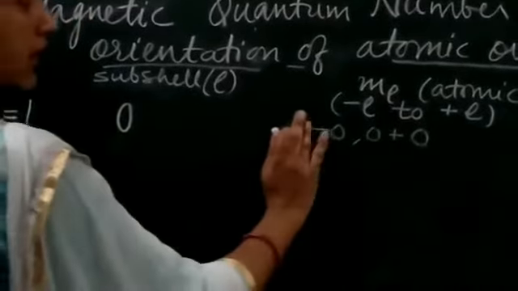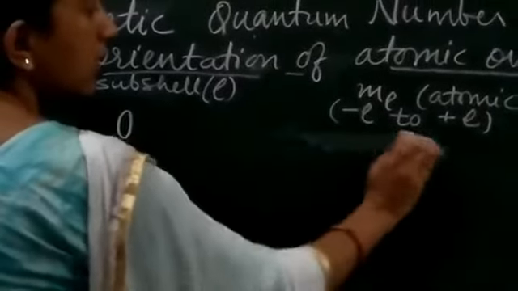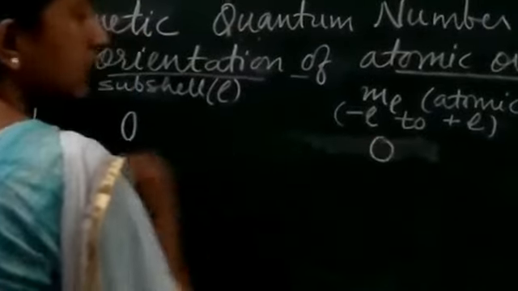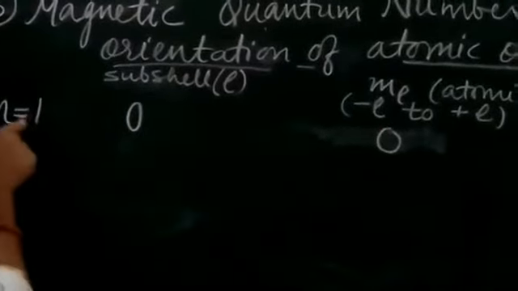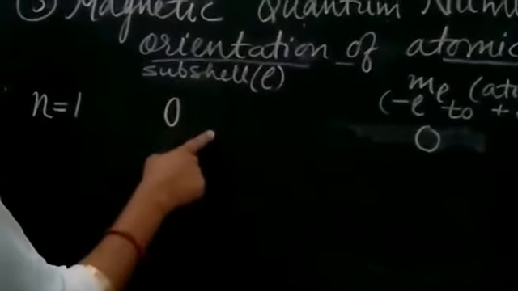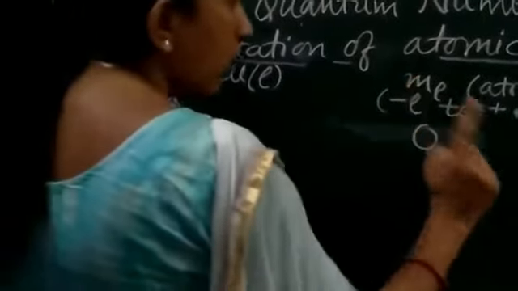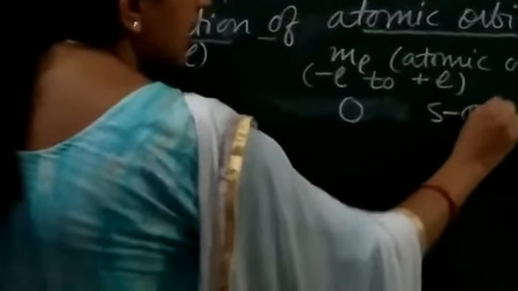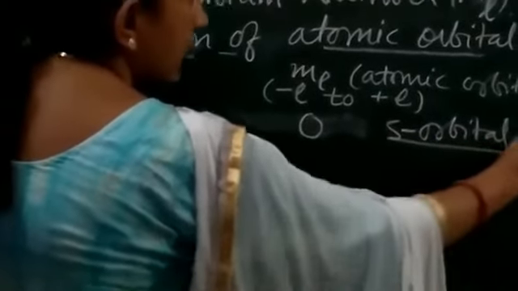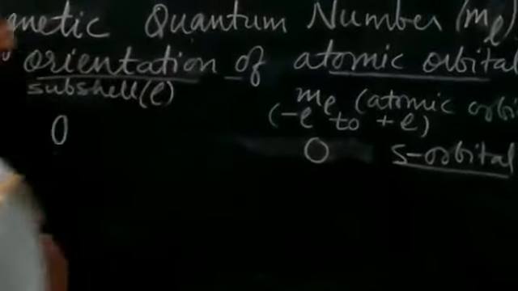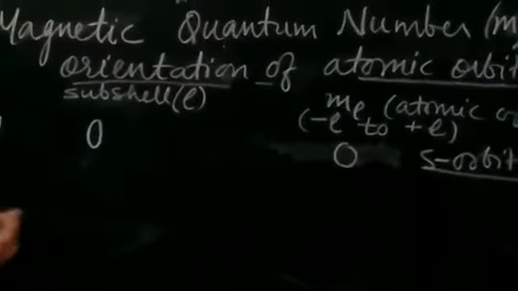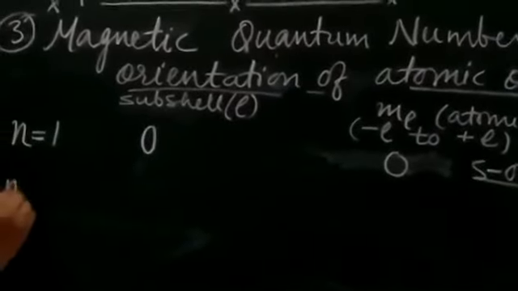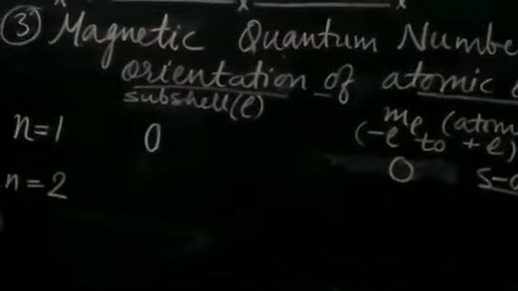Now students, all these are indicating only one value, that is 0. So for the first shell we have only one subshell S and only one orbital, that is the S orbital. So the number of orbitals is how many? 1.